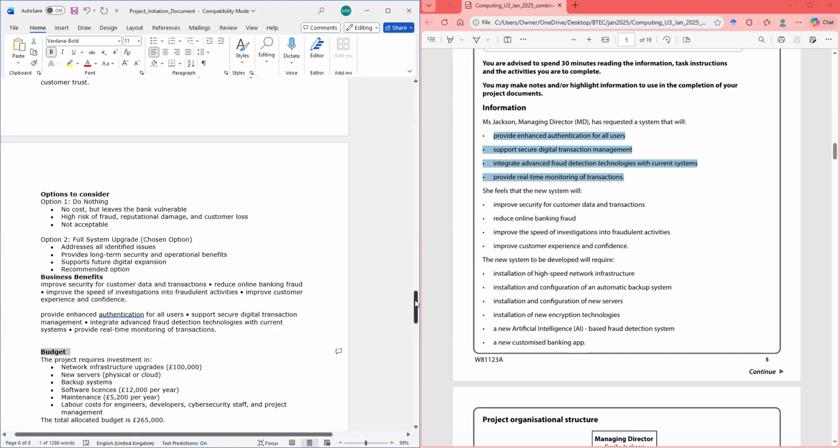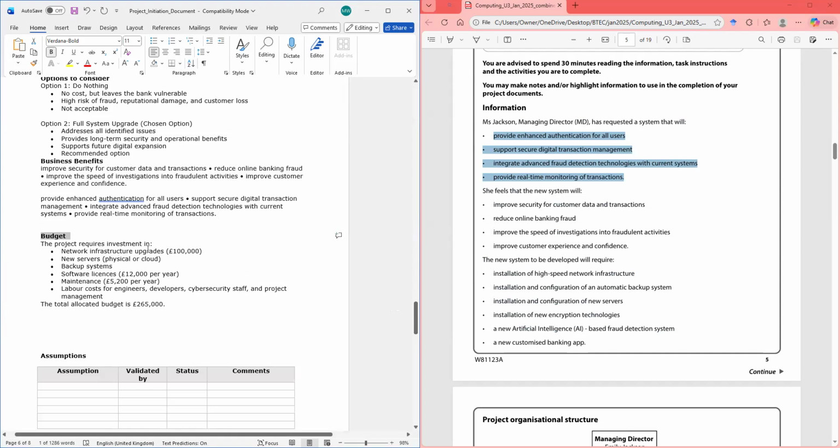So that's the budget. The project requires investment in network infrastructure upgrade, which is 100,000, which would be from your material, the cost of the material. 100,000 new servers, physical or cloud, but we're not going to use physical. We're going to use cloud.